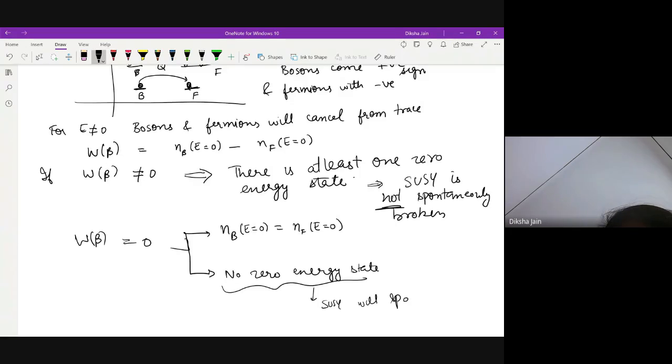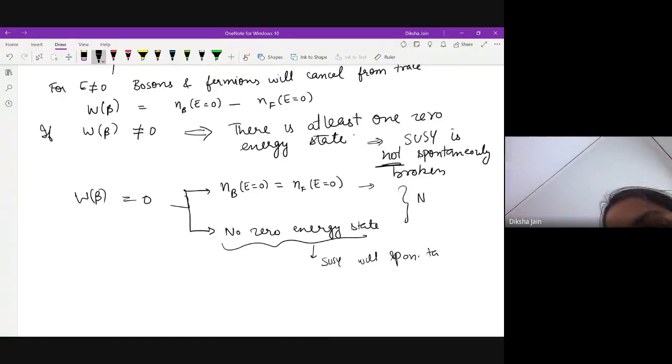In the case above, you still have a zero energy state, so supersymmetry is not broken. So if the Witten index is zero, you cannot tell whether supersymmetry will be broken or not.